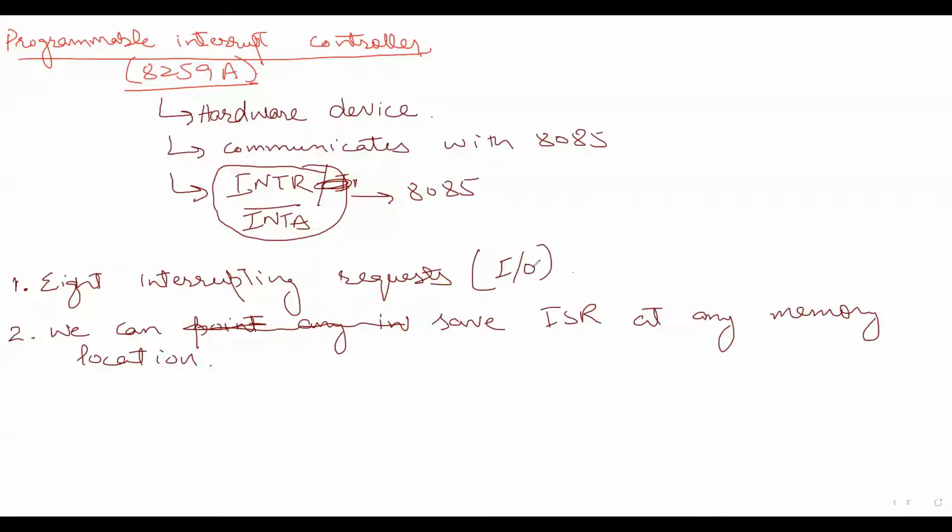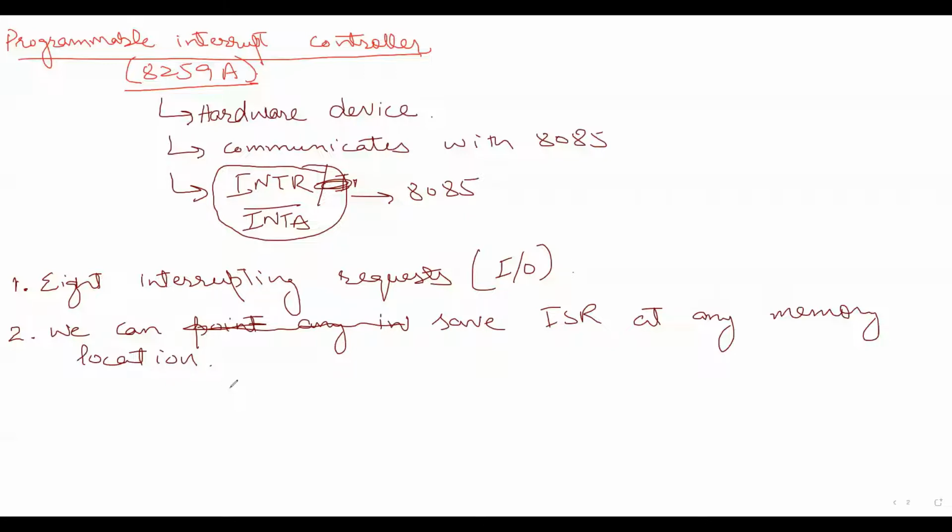The service routine can be stored anywhere. But previously we saw that service routines can be stored only at particular locations. Here we can save the interrupt service routine at any memory location, or we can say we can point an interrupt request anywhere in the memory.